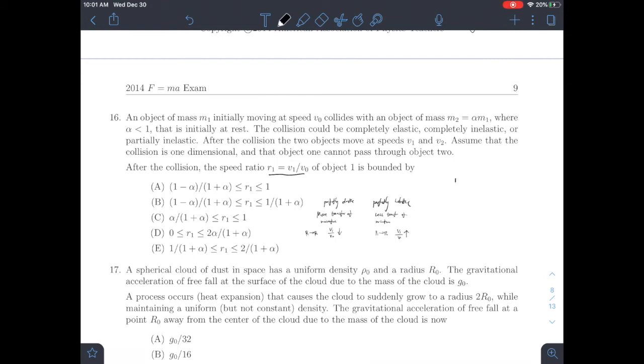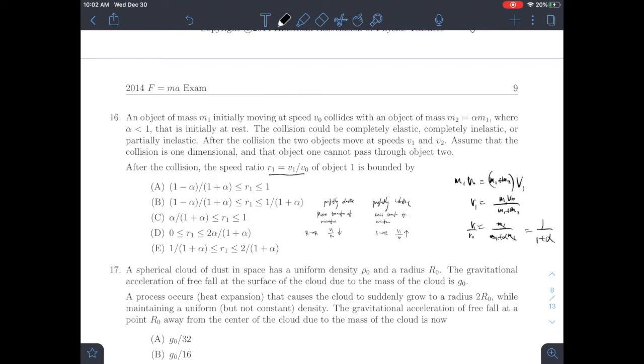So here we can calculate. Let's first calculate the inelastic condition because it's a little bit easier. We have m1 times v0 equal to m1 plus m2 times v, where v is the final velocity. Actually, v1, what is v1 equal to? It is m1 times v0 over m1 plus m2. So v1 over v0 is equal to m1 over m1 plus m2. m2 is equal to alpha times m1, so we have m1 divided by m1 plus alpha m1.